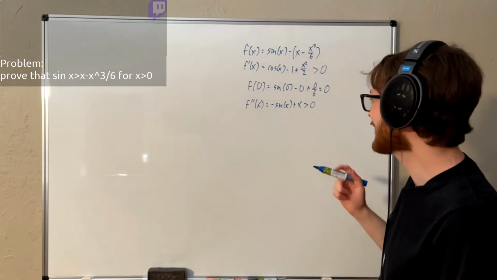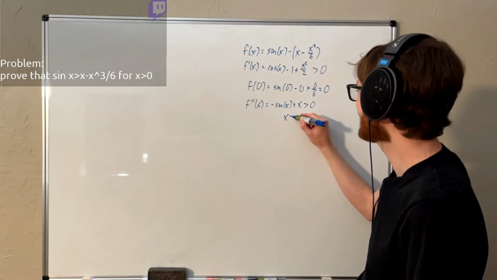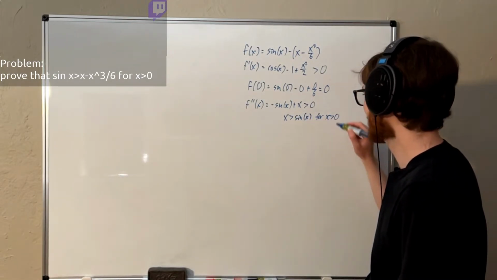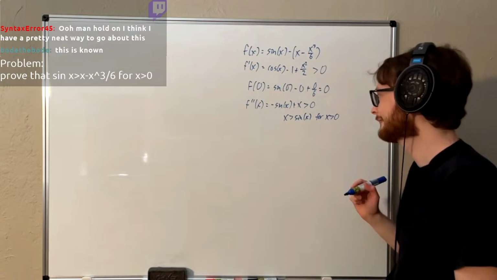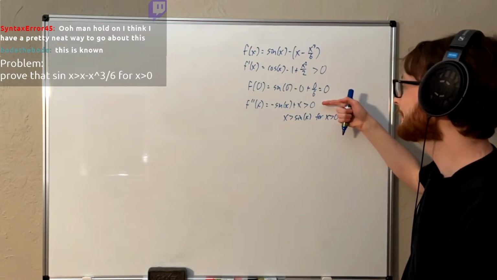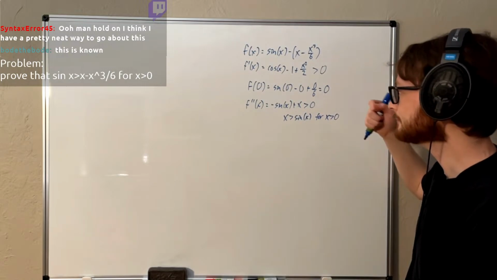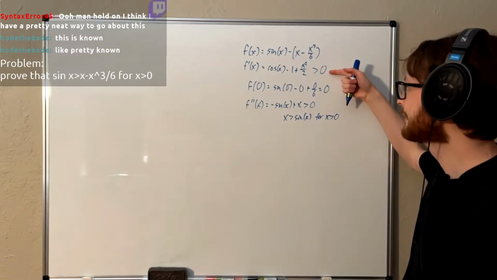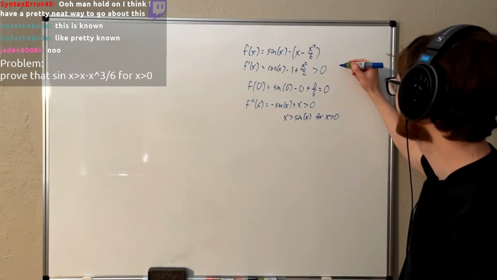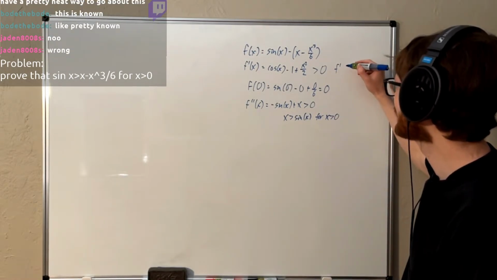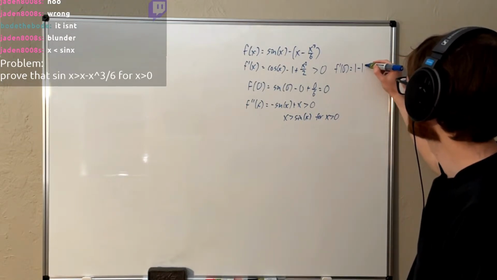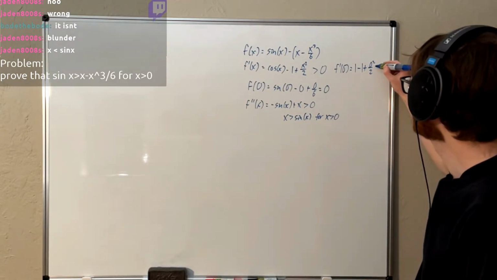But I do think it's right that x is greater than sine of x for x greater than 0. So if the second derivative is always positive, the first derivative is always increasing, and we can show that the first derivative starts from 0: 1 minus 1 plus 0 over 2, which is 0.